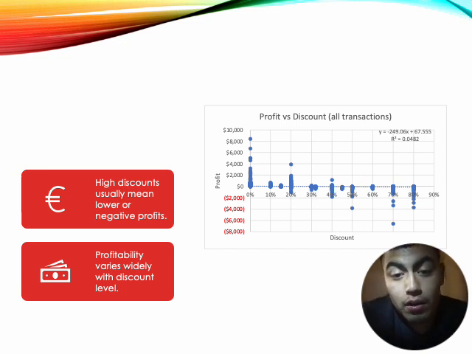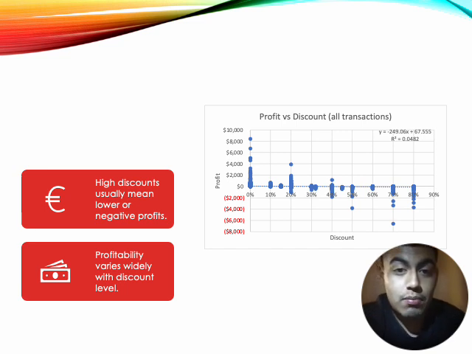However, the low R-squared indicates that discount alone explains only a small portion of the variation in profit, highlighting the influence of other factors such as product category or region. Notably, transactions with discounts above 20% are rarely profitable and often result in losses, reinforcing the conclusion that high discounts are genuinely detrimental to profitability.